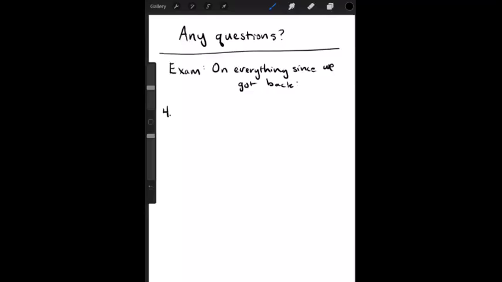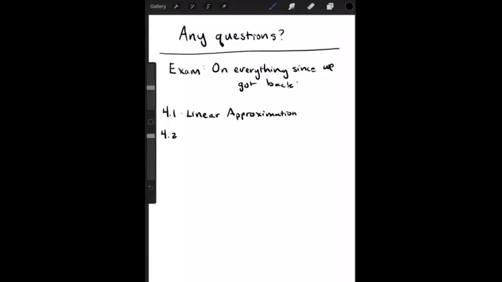So that's 4.1, which is linear approximation. 4.2, and I'm just going to flip through here real quick because the next few sections are all kind of together.